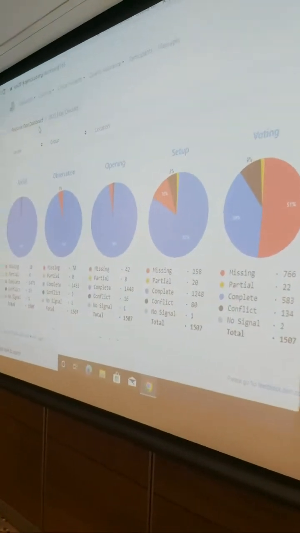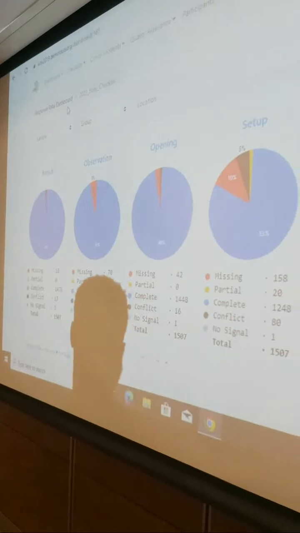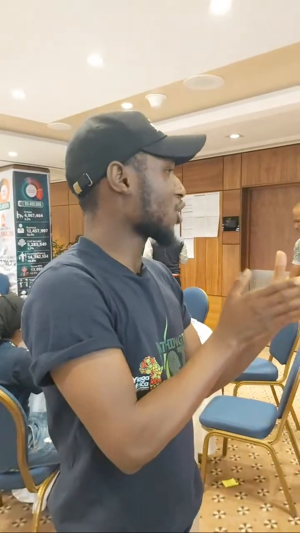If I take you back here, our checklist is designed in structures, in different sections. We have the first section, the second section, and they are all named accordingly. Each text message coming to the database is based on a particular section. The first section we have is arrival.